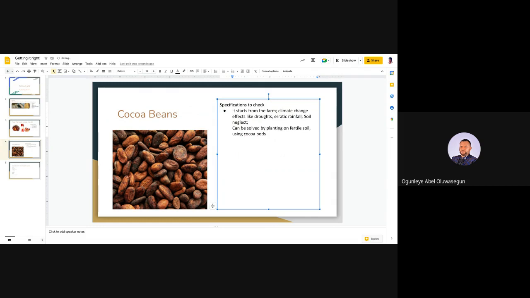Aside from that, if we have cocoa farmers here, I will encourage you to always plant fertilizer trees. Of course, you ask me, oh, you are talking nonsense again. Where am I going to get fertilizer trees? We have trees in Nigeria that can actually improve our soil and also give back nitrogen, most especially to the soil.